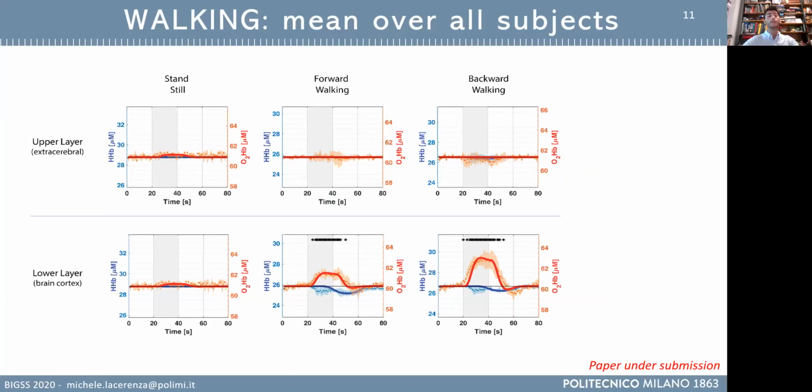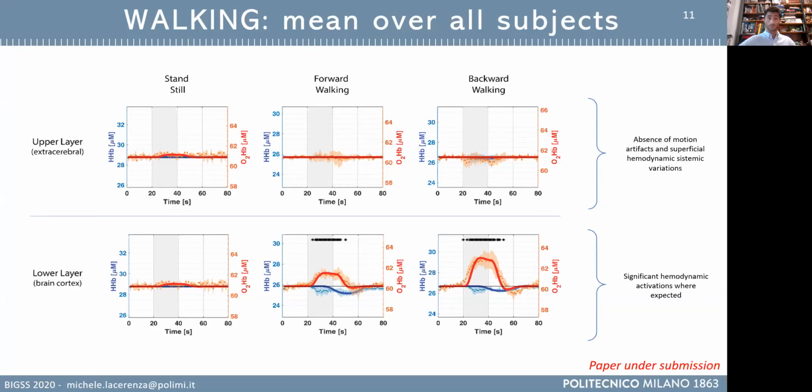And we have the analysis of the extracerebral layer, the upper layer of the brain, and we have the information of the lower layers or the brain cortex of all the subjects. And as we can see, on average, we don't have any motion artifacts on the upper layer or hemodynamic systemic variations, and we just have flat lines for oxy and deoxyhemoglobin.